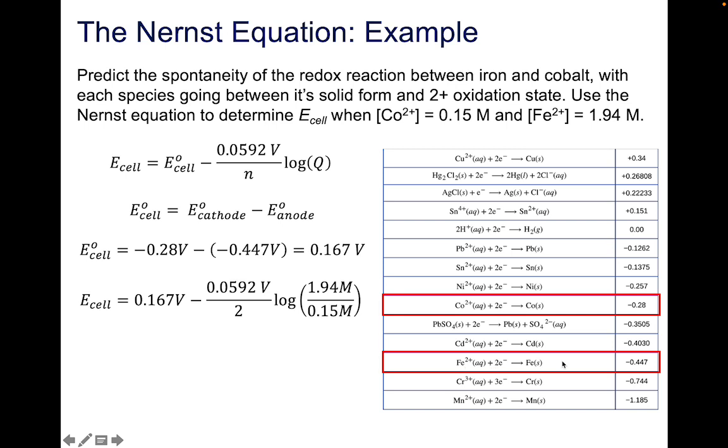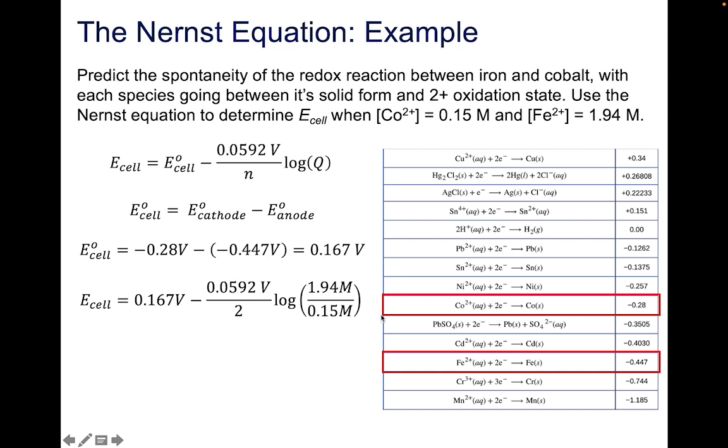So if we flip this equation, like we would have to make it an oxidation, then our soluble thing ends up as a product, and our solid ends up as a reactant, so we wouldn't need to include that. Then our cobalt, our soluble thing, is a reactant, meaning that it ends up in our denominator, whereas our solid is a product, and so we wouldn't include it there. So that's just another way to keep which concentration goes where in our fraction straight.